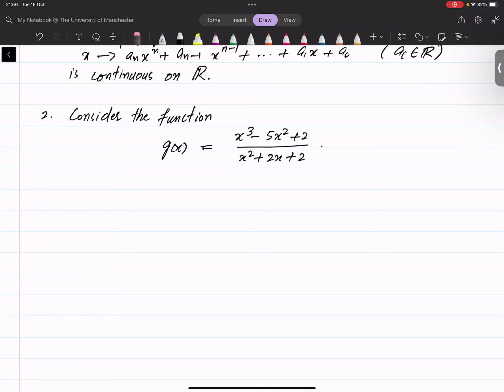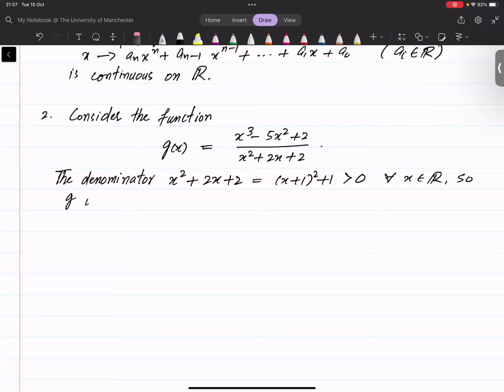Now the denominator x squared plus 2x plus 2 is nothing but x plus 1 whole square plus 1, which is greater than 0 for all x in R. So g is continuous on R by the quotient rule.